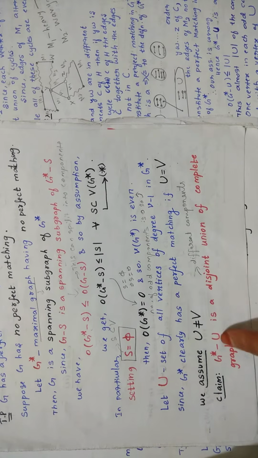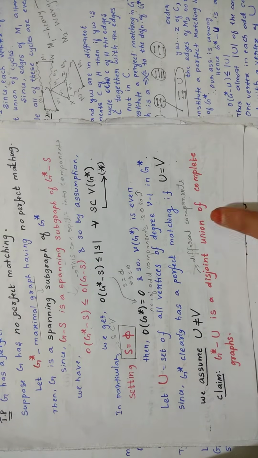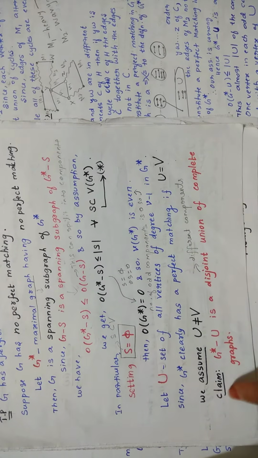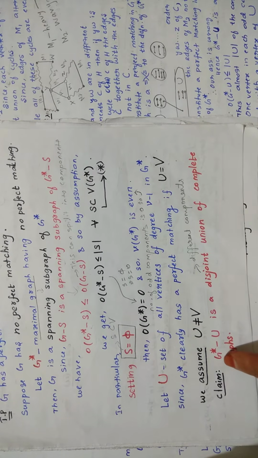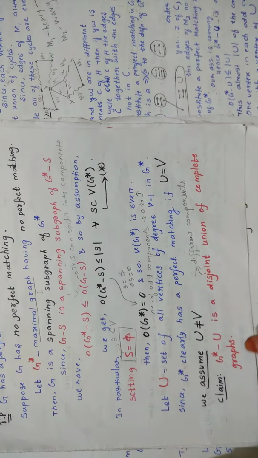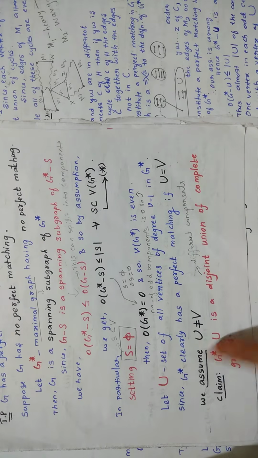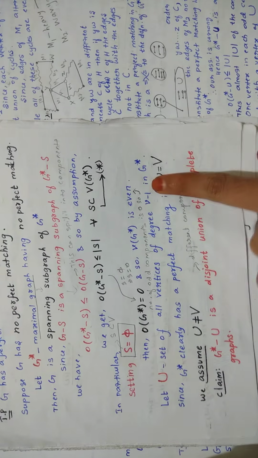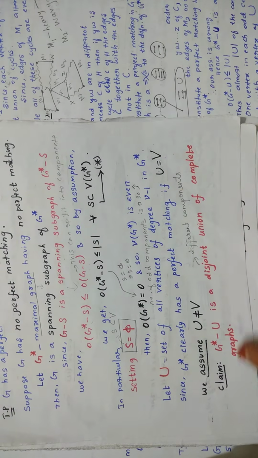Claim: G star minus U is a disjoint union of complete graphs. We know that what is G star? G star is the maximal graph having no perfect matching. Here you have written like that. So from G star you are subtracting this set of all vertices of degree v minus 1 in G star. So you get the G star minus U graph, and you have to prove this graph is disjoint.